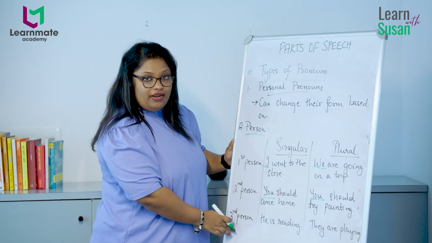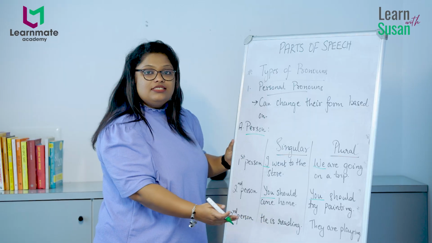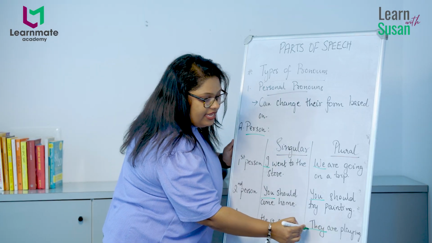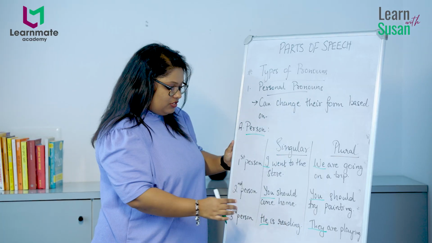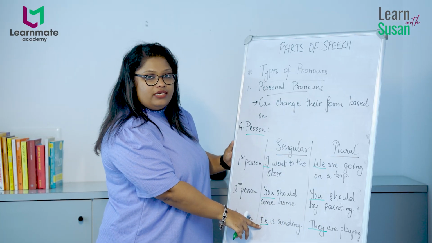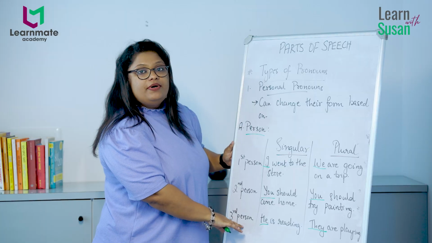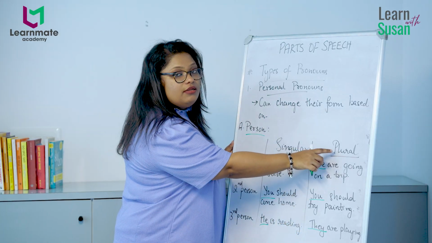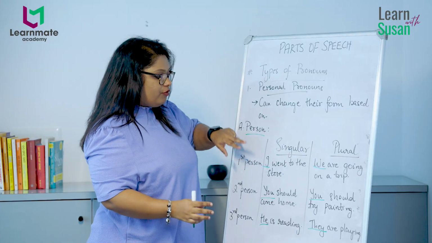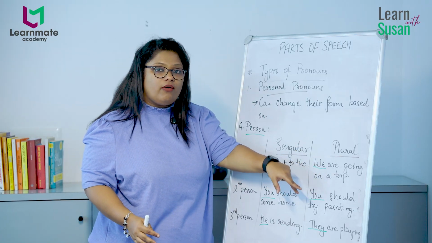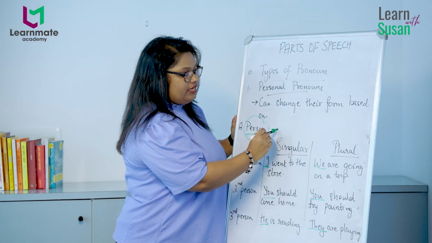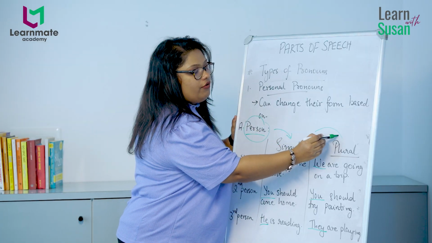Going on to the next one, third person, the sentence comes like this: he is reading, they are playing. So here, he is a pronoun that is used for third person singular, and they is third person plural. So this is how pronouns change their forms based on the person, whether it is singular or plural.